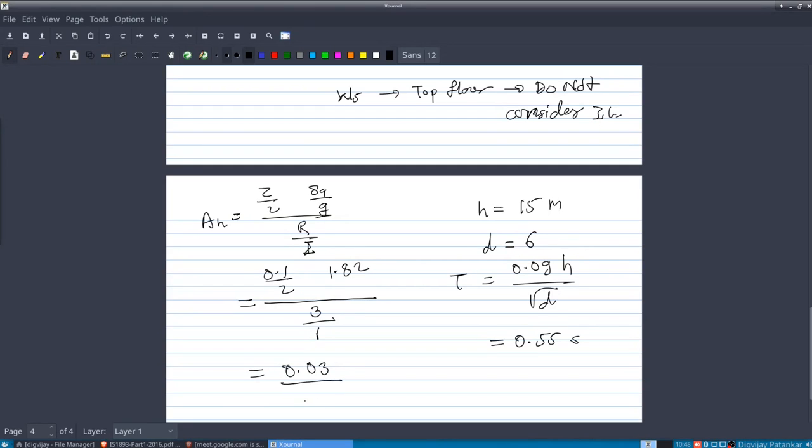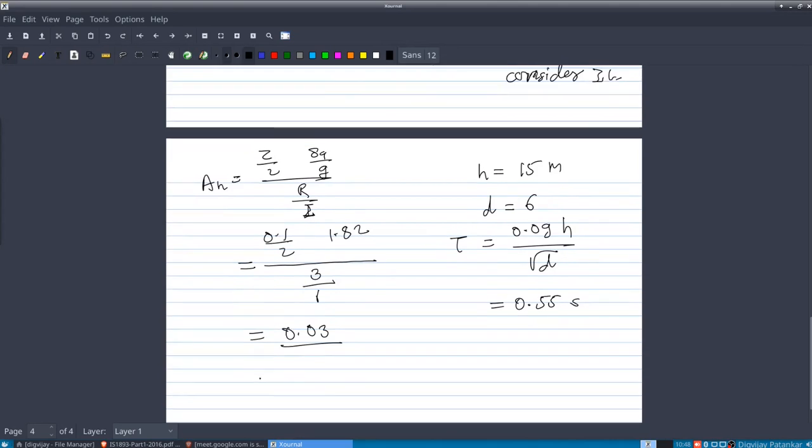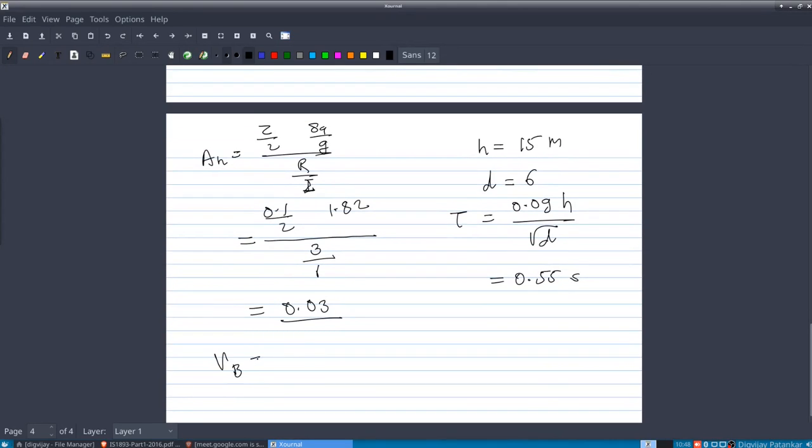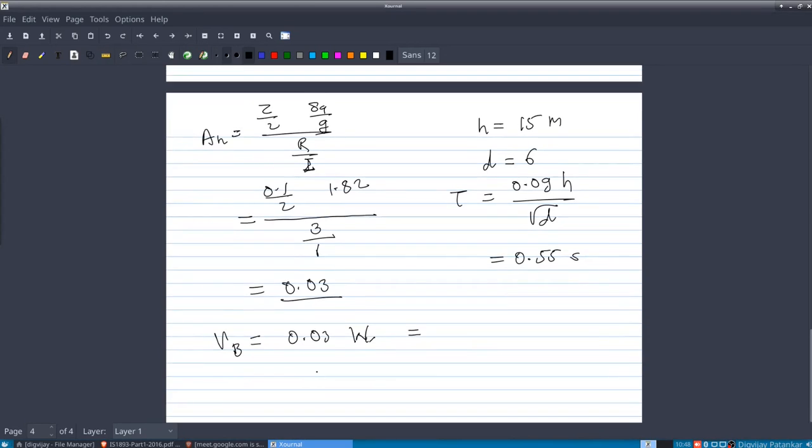Okay. So 0.03 is our seismic coefficient, and this has to be multiplied. So VB is equal to this 0.03 into seismic weight, whatever you get. That will be your base shear. Now this gives you base shear.